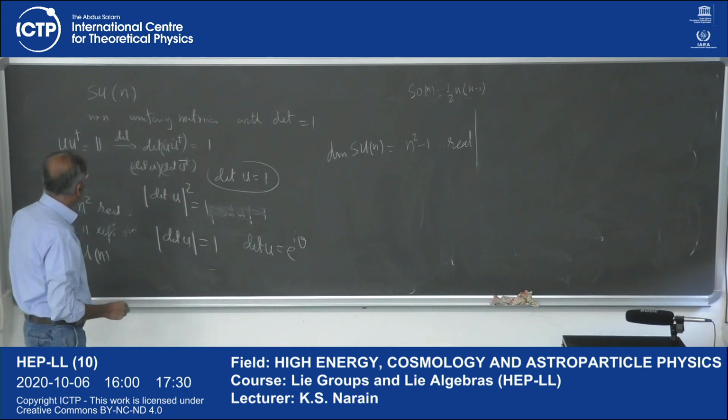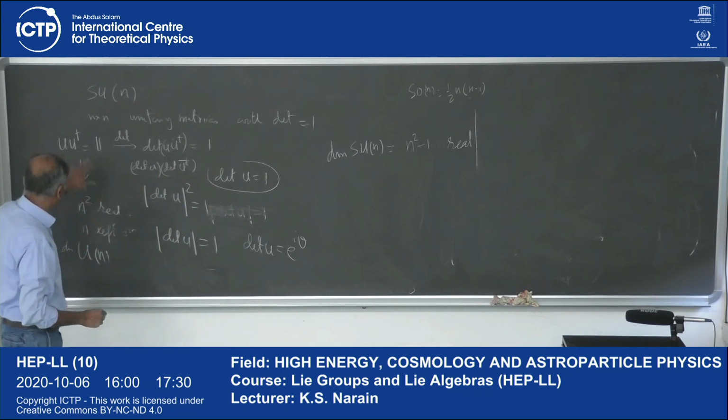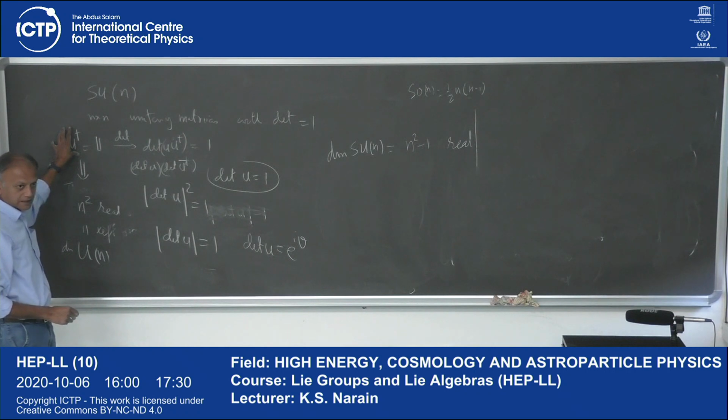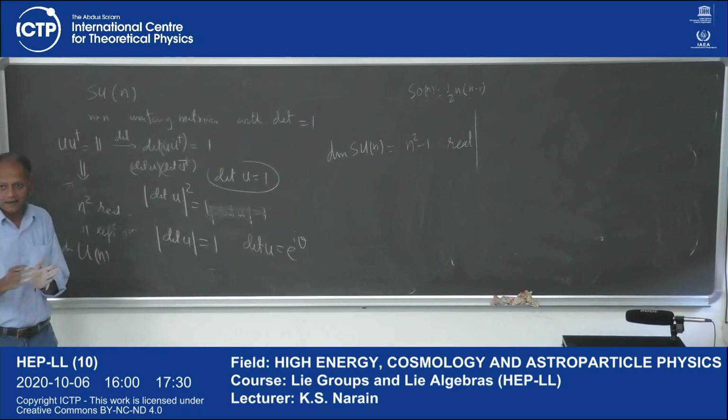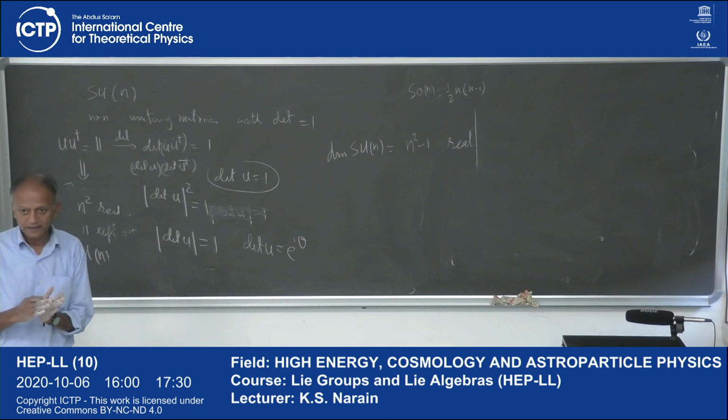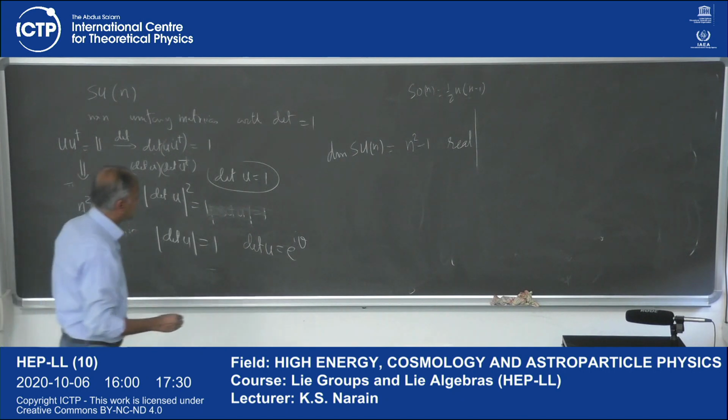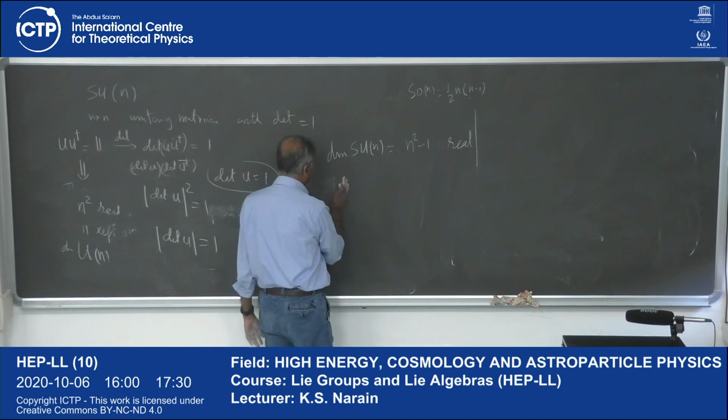So what does that mean? Now let's go back to the Lie algebra. This was at the level of group elements. So let's again look at the elements which are close to the identity, the infinitesimal elements.